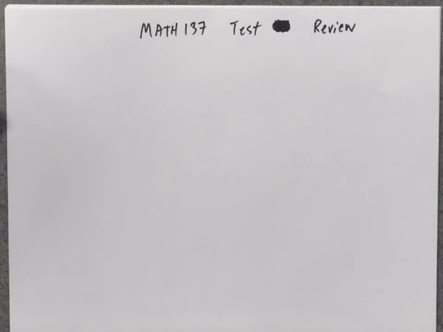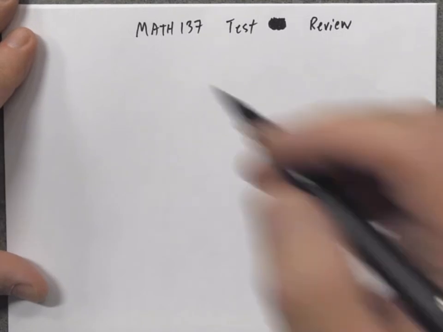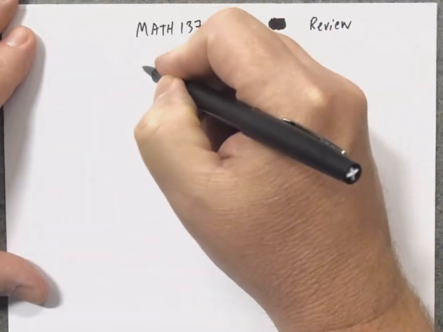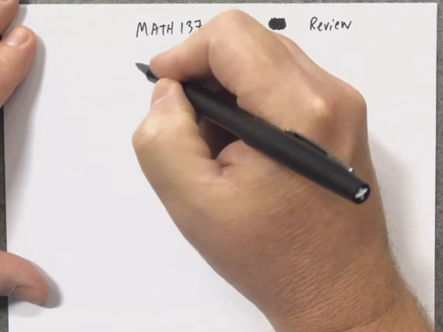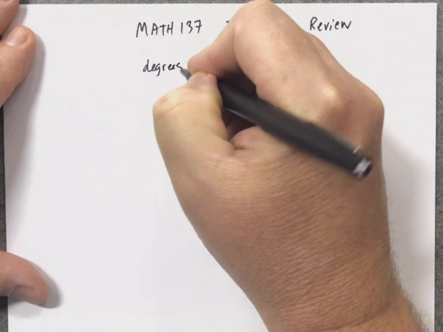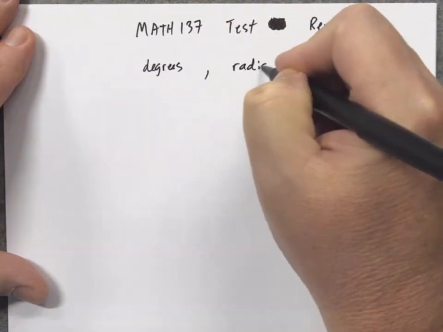So for instance, the first couple problems deal with how we express angles. And first of all, there's two ways that we express or measure angles. And that's in degrees, but also radians.